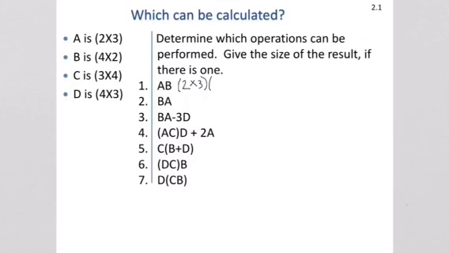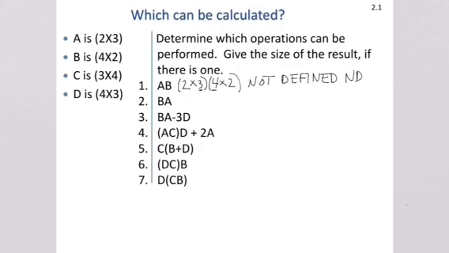B is a 4 by 2 matrix. So we can see in this case that the number of columns in matrix A is not the same as the number of rows in matrix B, so this operation is not defined. We'll just abbreviate that with ND, not defined.